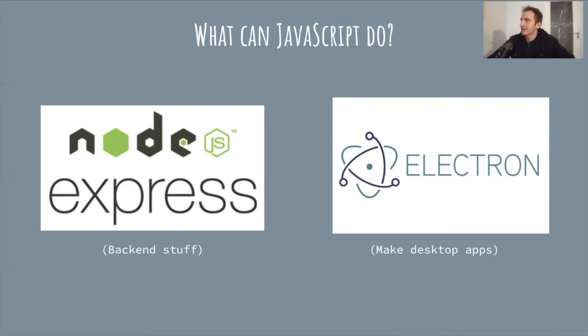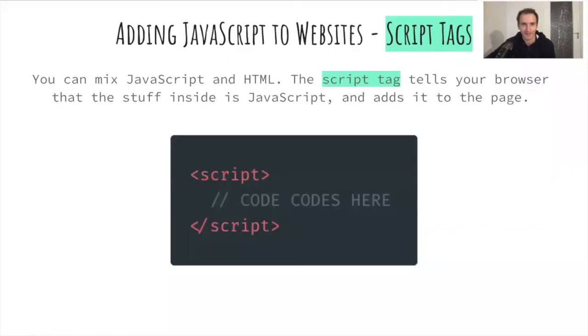Electron lets you make a desktop app that runs on all operating systems, and you'd be writing your code in JavaScript. So you could create a React app written entirely in JavaScript, and you could use that to generate a desktop app that you can then send to people's desktops, and then they can have that on their desktop. So yeah, really anything we can do with JavaScript. It's a magical language. It's a great language to be learning in the 21st century.